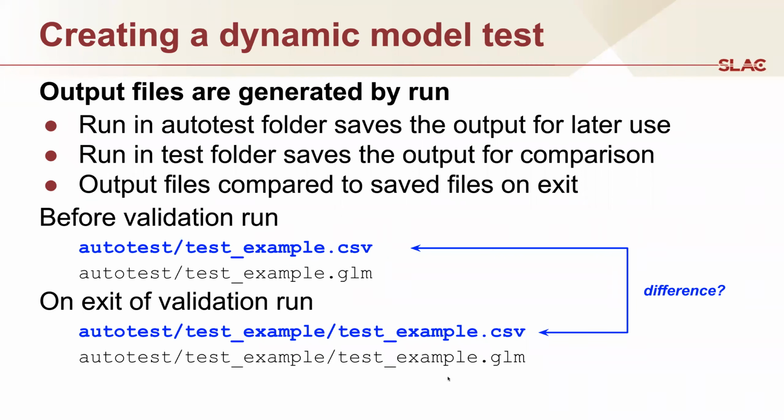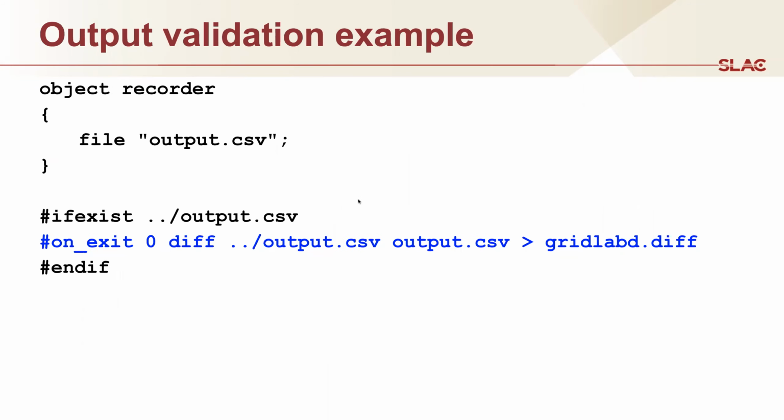So yeah, when the dynamic simulation runs, the clock is advanced and the output is generated to this output file in the test folder, and then we can compare the two. The trick here is to place an output recorder that generates the output file that we're looking for, and then to check whether the output file exists in the original input folder, and then run on exit.